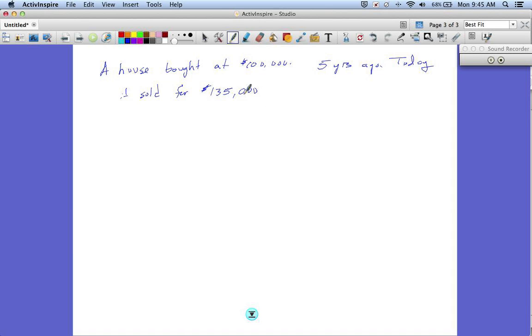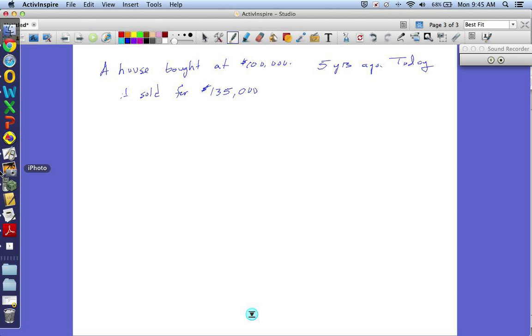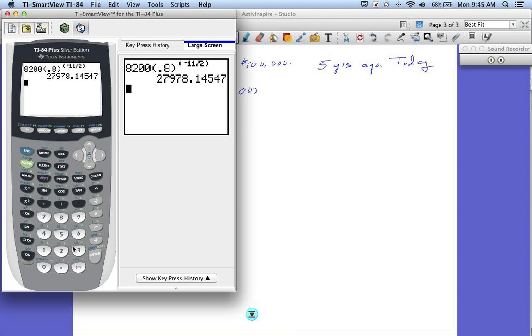And you can see that we increased by $35,000. Okay, so we had a nice little increase there as well. So the $35,000 divided by $100,000, right, showed a 35% increase there.